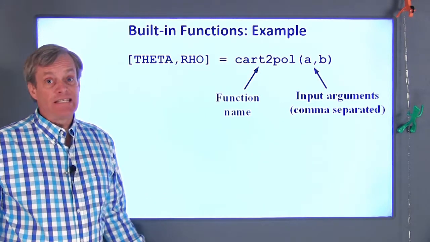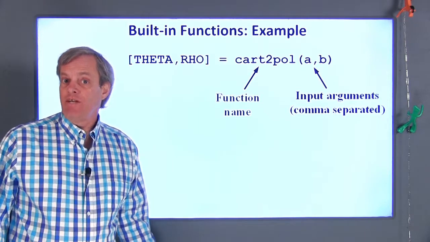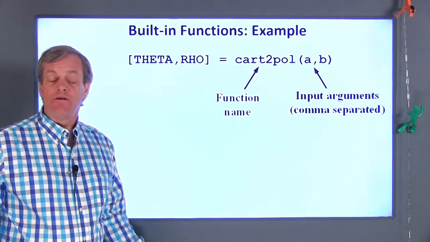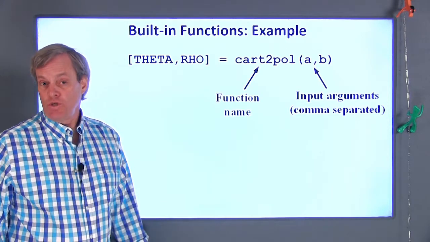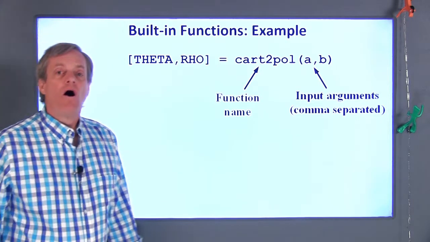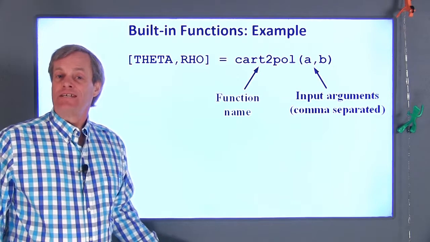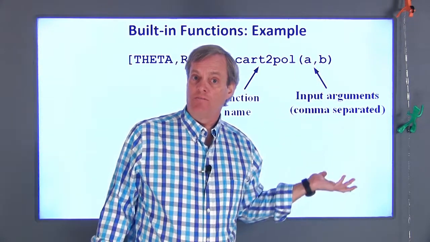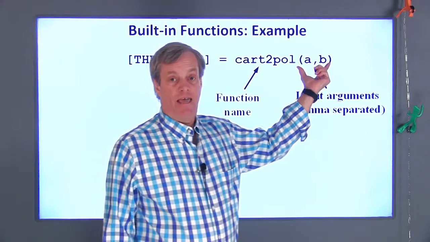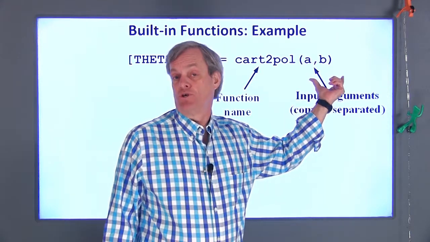The function doesn't secretly know any other information rather than what you list here, and it especially doesn't look around in the workspace for any other numbers to use in its calculations. Also, the function doesn't know or care what variable names you use in the input argument list. You can call these variables A and B, X and Y, or Joe and Bob.